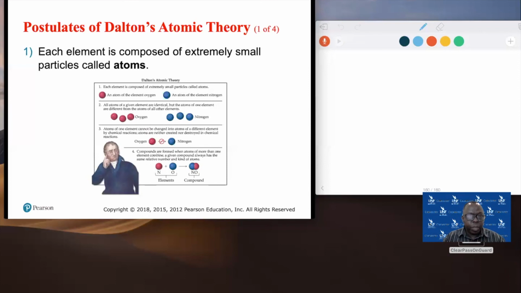He thought that atoms were the smallest, but we have subatomic particles. I know you know protons, we're going to talk about that. So this is not the smallest. We have subatomic particles, which are even smaller than the atom itself. In other words, protons, neutrons, and electrons make up what? Make up the atom. All right.